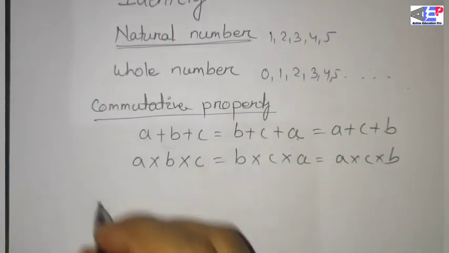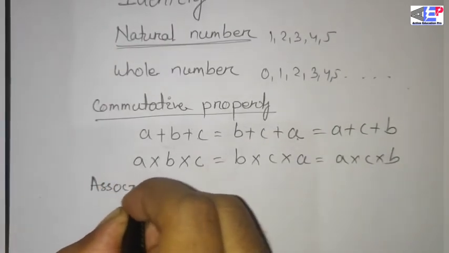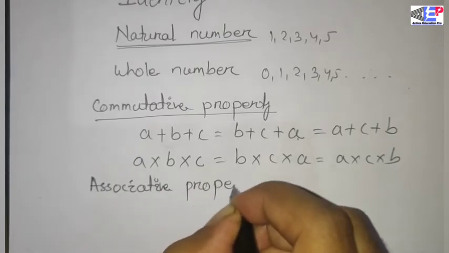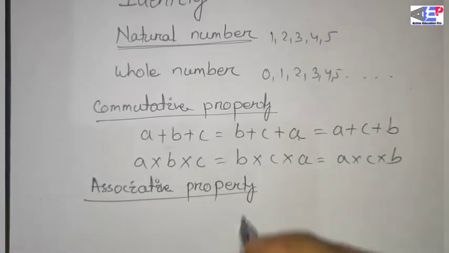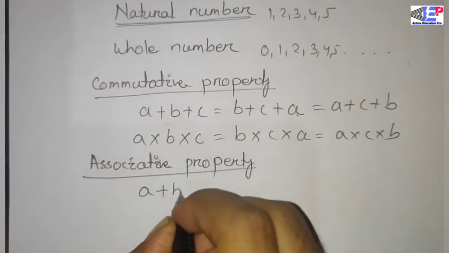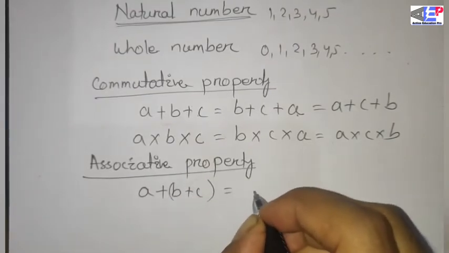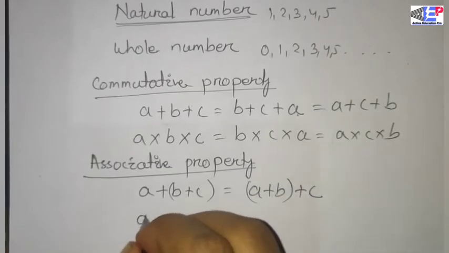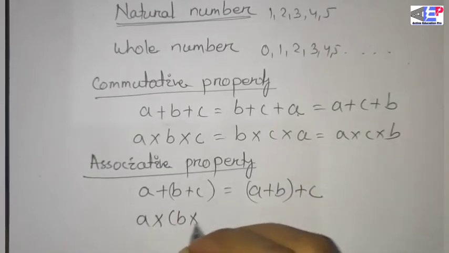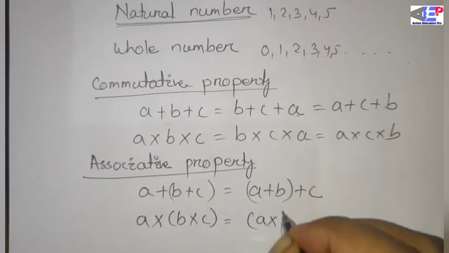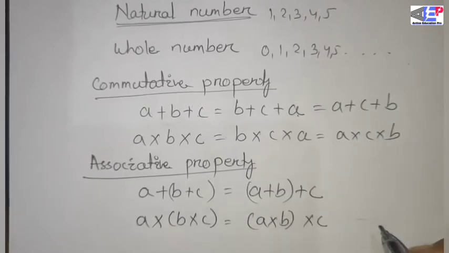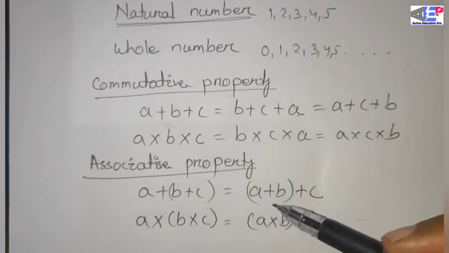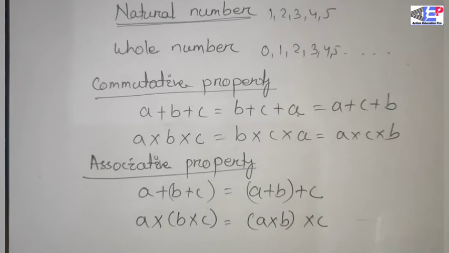Then the next one is associative property. Associative means assistance. a plus b plus c is equal to a plus b plus c with different grouping, for addition, and a into b into c with different grouping, for multiplication. Like commutative property, associative property is also followed for both addition and multiplication.